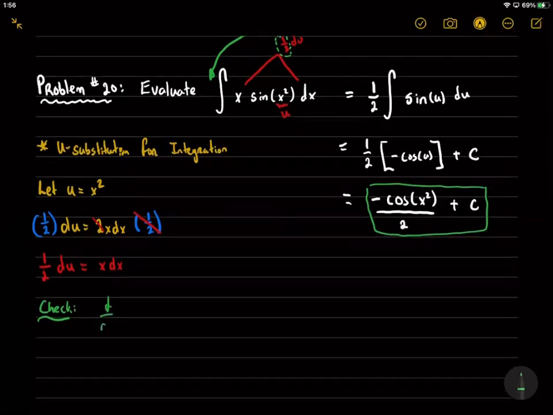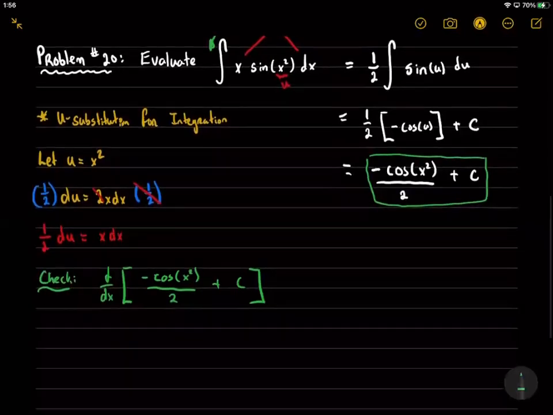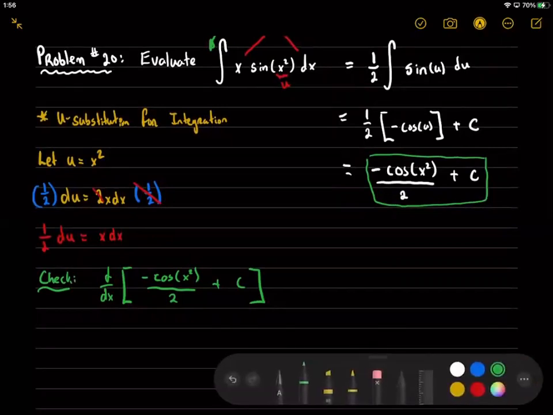So if I take the derivative with respect to x of negative cosine x squared over 2 plus c, notice that for the first term, negative cosine x squared over 2, I would technically have to use a chain rule there. The derivative of c would have just been 0, so that goes away. So I need to make a u substitution, right, when I do a chain rule.